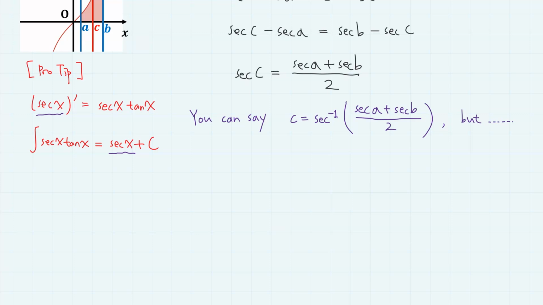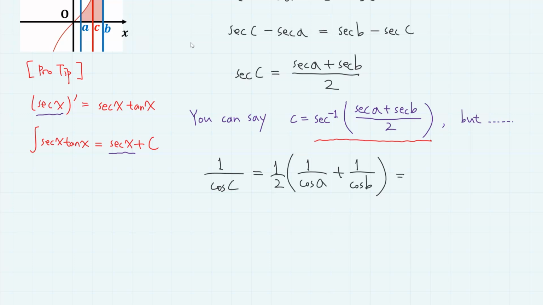Here you can just take the inverse and write c using the inverse secant function, but just for fun, let us change everything into cosine functions in order to keep things consistent with the previous two problems. So we have 1 over cosine c equals 1/2 times 1 over cosine a plus 1 over cosine b, which is equal to cosine a plus cosine b divided by 2 cosine a cosine b.